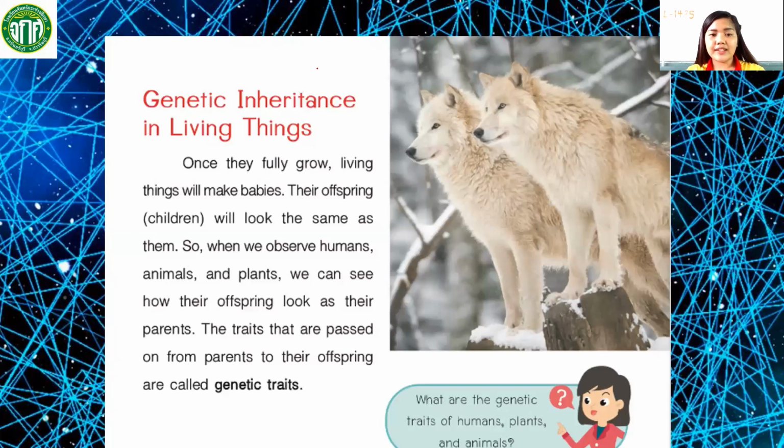So, the genetic inheritance in living things. Once they fully grow, living things will make babies. Their offspring or children will look the same as them. Their young or babies will look the same as their parents.